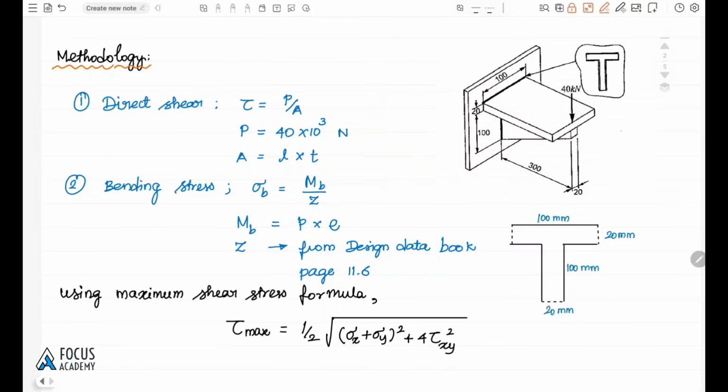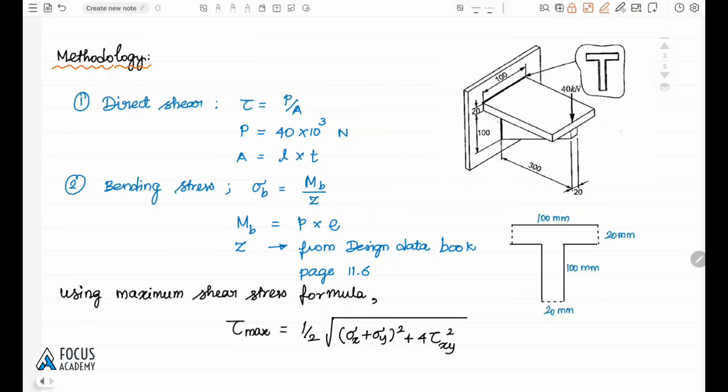There are two cases in eccentric loading: when the load acting plane and the welding plane are parallel or the same, and the other case when the welding plane and the load acting plane are perpendicular. Case number 1 is already solved and uploaded in our playlist, and this is case number 2 for eccentric loading, when the welded plane and load acting plane are perpendicular to each other. Okay, let me solve the problem.